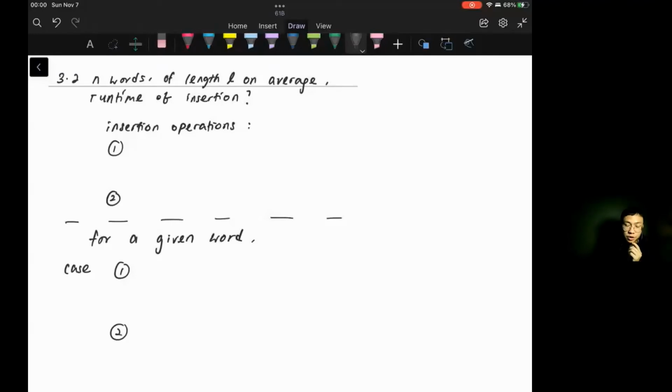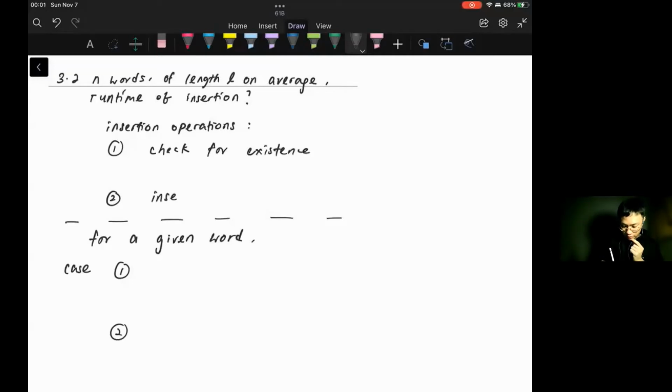Okay, for question 3.2, we are given n words, each of length L on average. So what's the runtime of insertion? Speaking of insertion, we know that any insertion operation involves two steps. First of all, it checks for existence, and second, it does the insert operation into the tree. For a given word, the insertion operation also implies that there are two extreme cases.